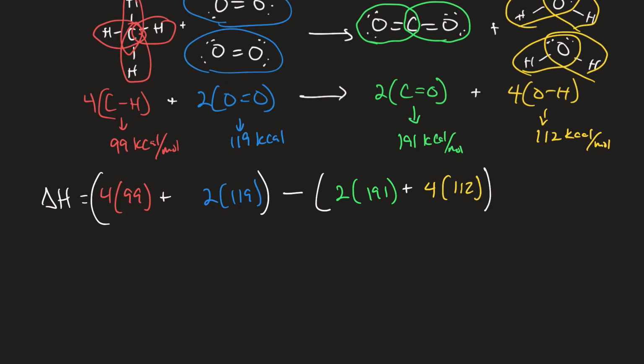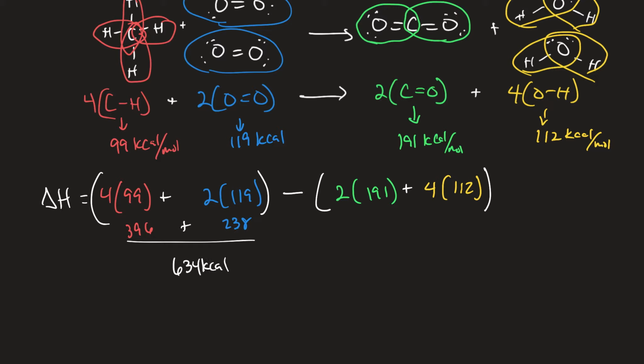Okay. And so now we're going to add these up. 4 times 99 gives us about 396. 2 times 119 is 238. We add these two numbers together, and we get approximately 634 kilocalories.